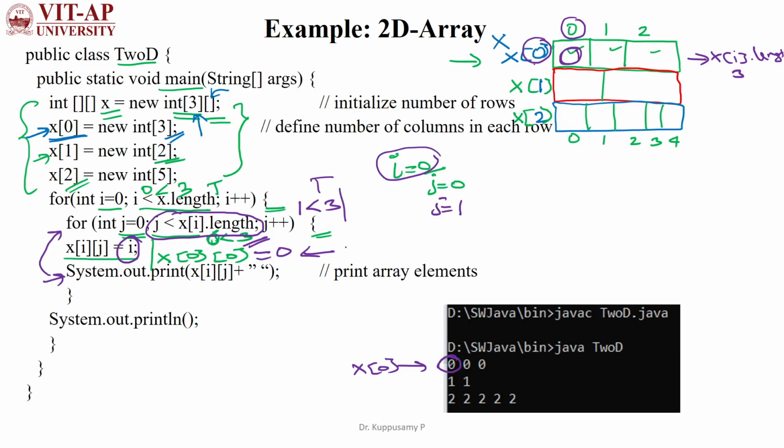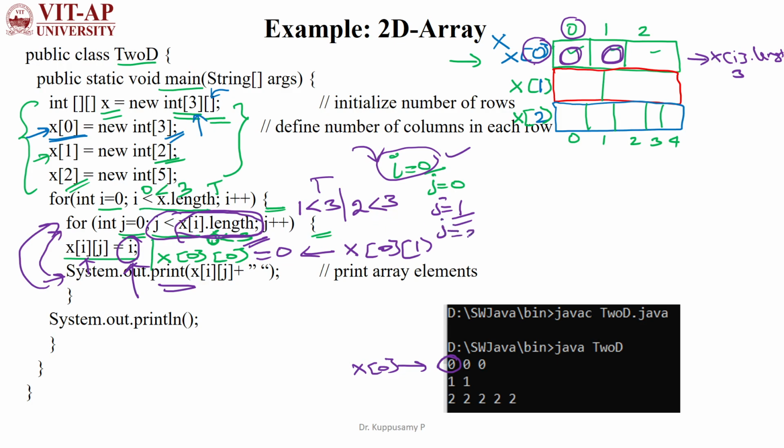Here x of i is still 0 and j is 1, so x of 0 of 1 is the i value, which is 0. So 0 is printed again. Then j is incremented again and becomes 2. 2 less than x of i dot length, which is 3, is still true.